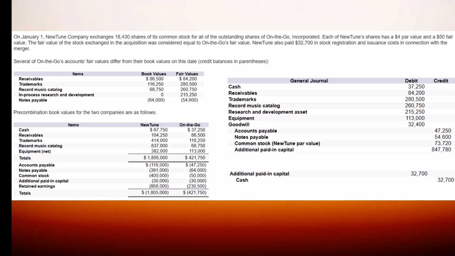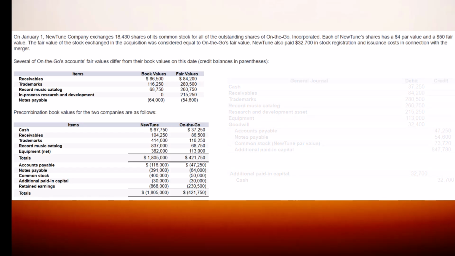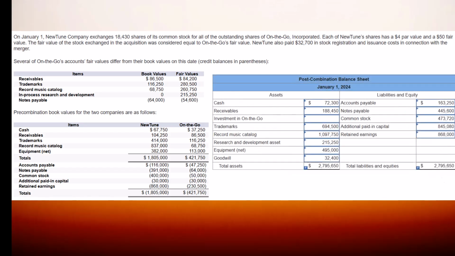Alright, for our final task, we'll prepare the post-combination balance sheet for New Tune Company. The formula for each line item is simple. It's New Tune's pre-combination book value plus the fair value of On the Go's assets or liabilities that we just recorded in our journal entry. Let's start with cash. New Tune had $67,750.